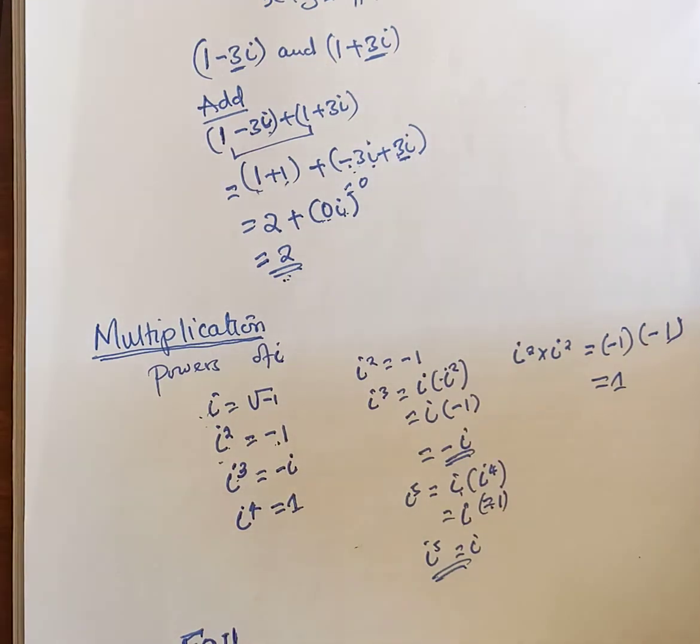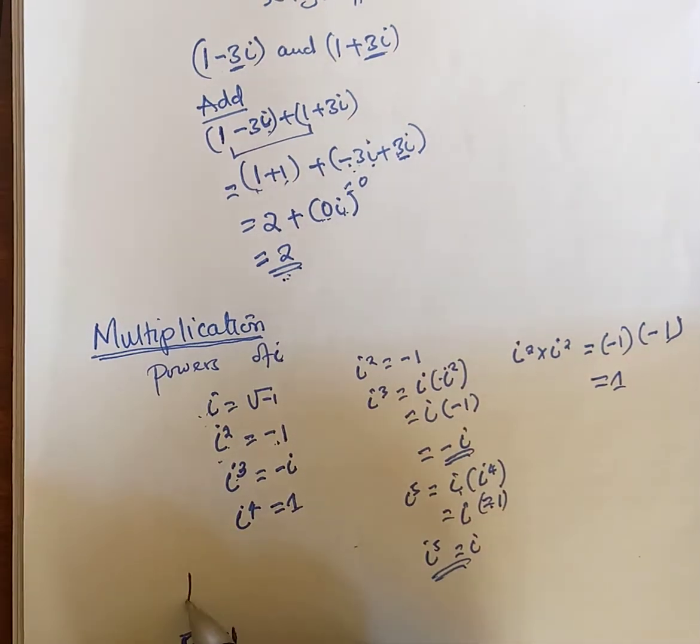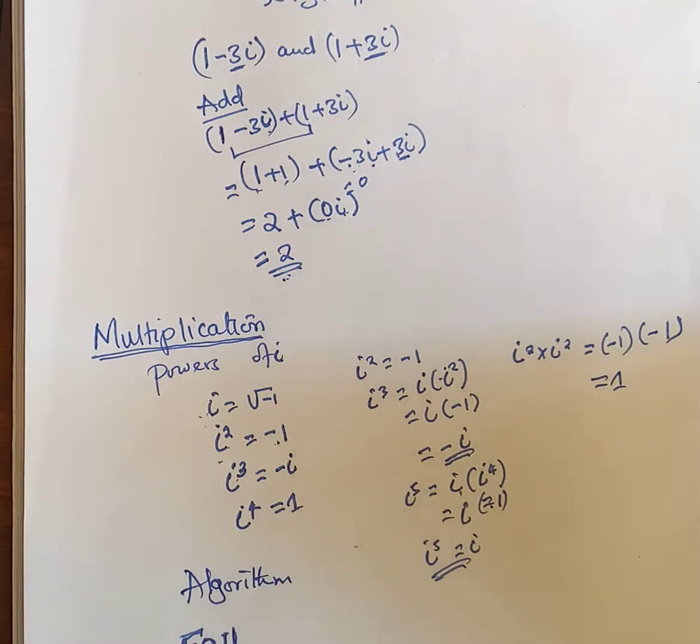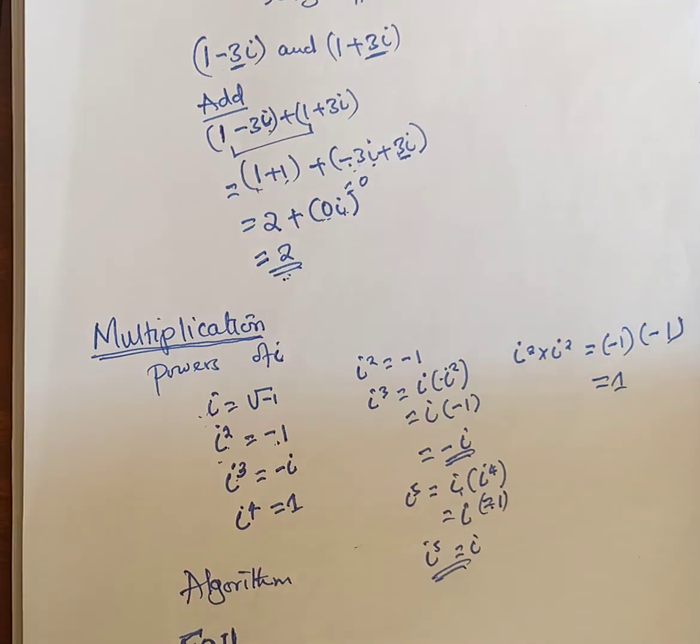An algorithm is a simplified kind of formula that will help you to compute these complex numbers. Now, what does FOIL mean? That is what you should concern yourself with.